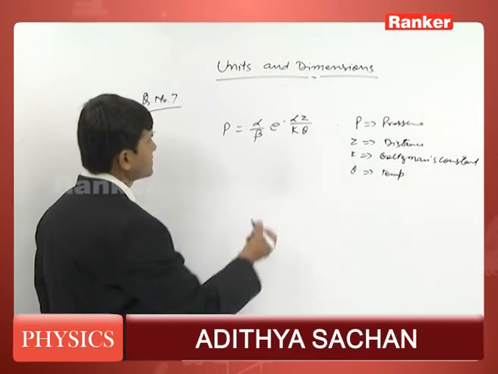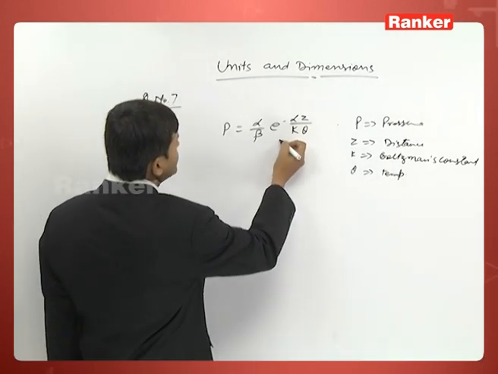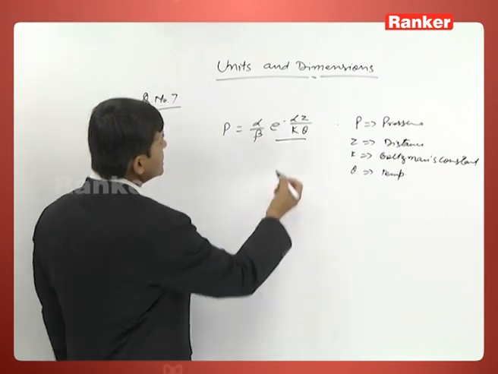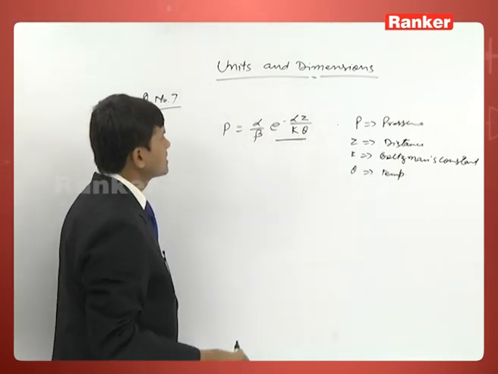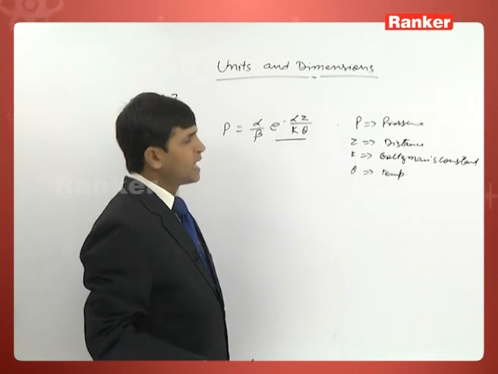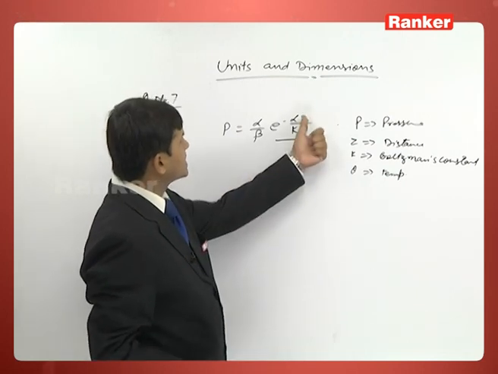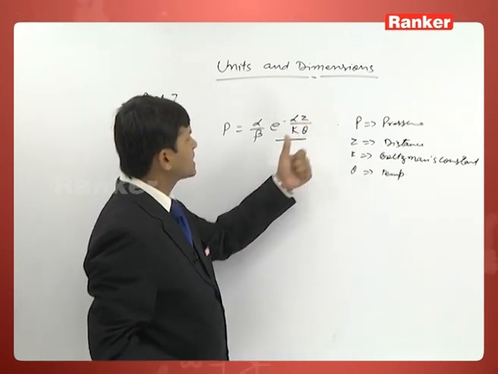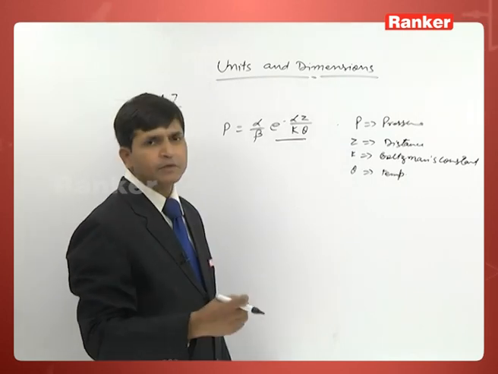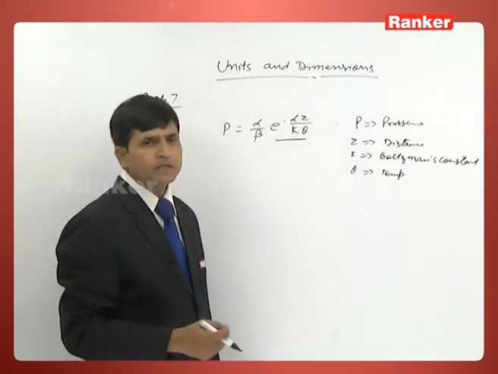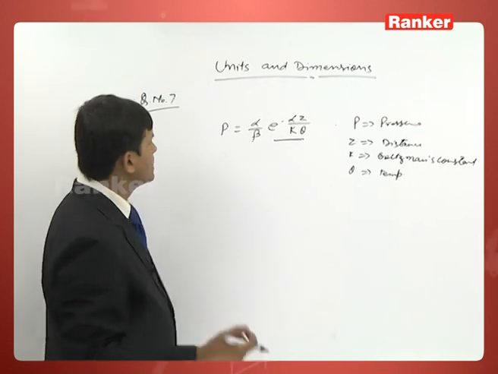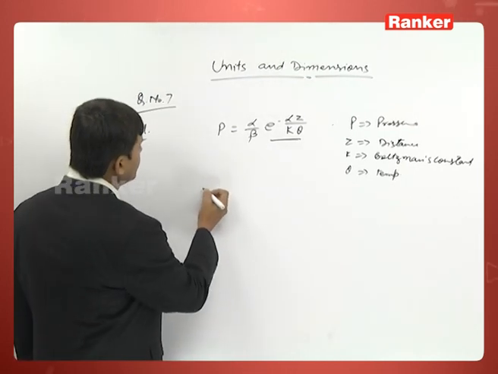See, as we know, an exponent does not have any dimension. So whatever the dimension of alpha z by k theta, that will be M to the power 0, L to the power 0, T to the power 0.